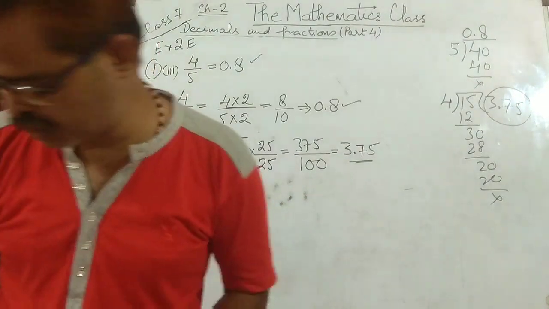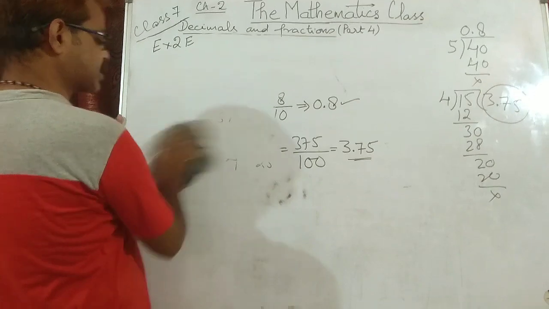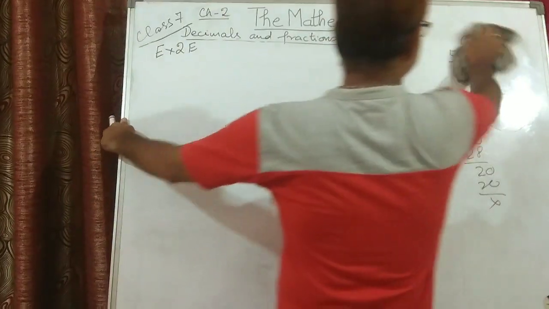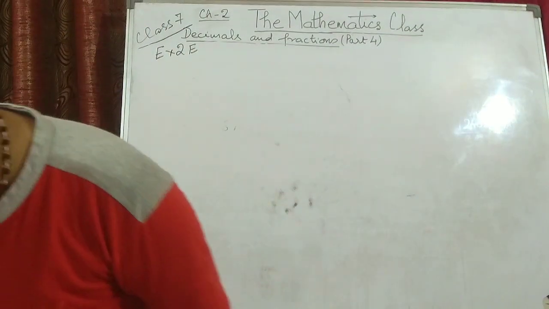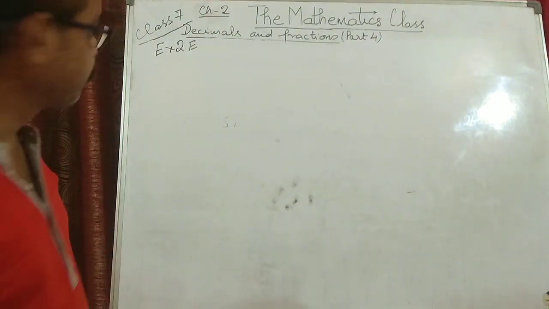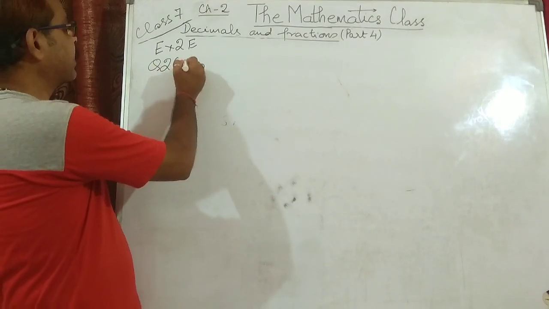Now let's take question number 2. We have already discussed the second part, and we will be doing some other part. Let's say the fourth part. Question number 2, fourth part.